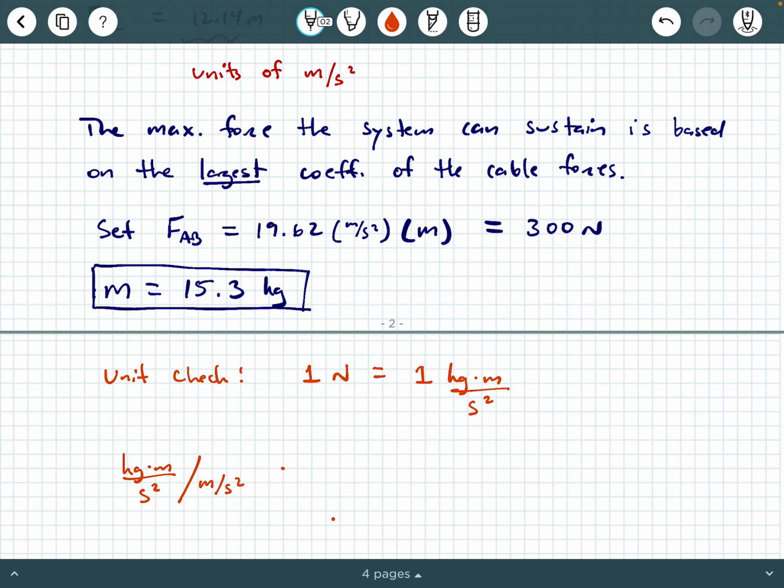And so if I do a little bit of rearranging here, remember this is just fraction manipulations, I've got kilogram meter per second squared times second squared over meters, because we have a fraction in the denominator of a bigger fraction. And we see that the seconds cancel and the meters cancel, and you're left with a number that just has units of kilograms, and that's what we have here that we wrote there, okay?